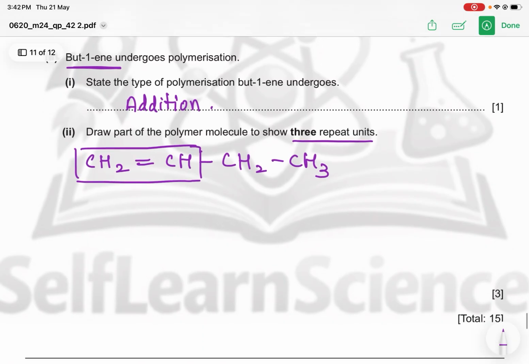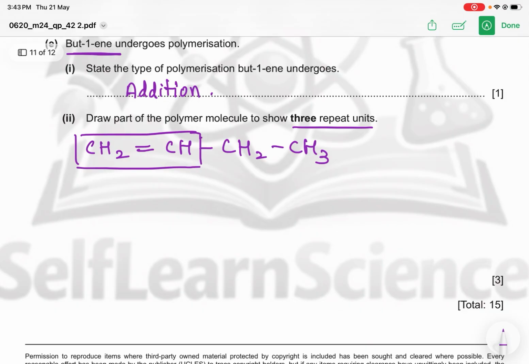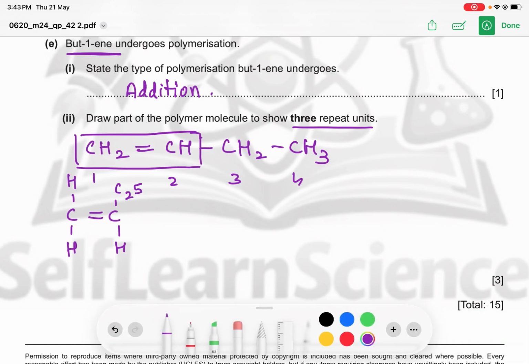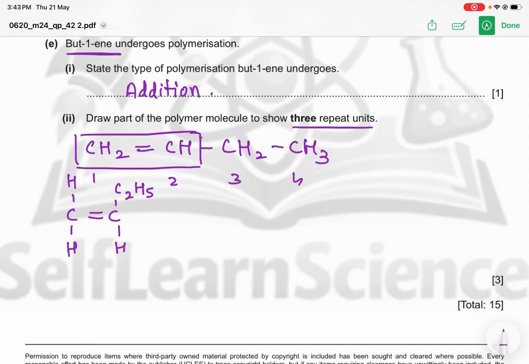So this carbon-carbon double bond is important for us, and we'll draw that. To my first carbon atom, I have two hydrogens. For my second carbon atom, I have one hydrogen, and the other group is CH2CH3, either I can write C2H5 or CH2CH3. So this is my monomer.